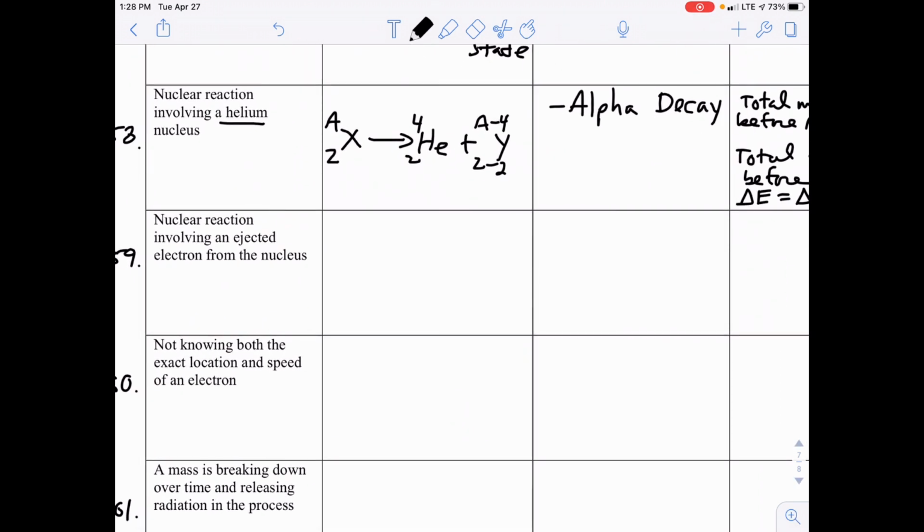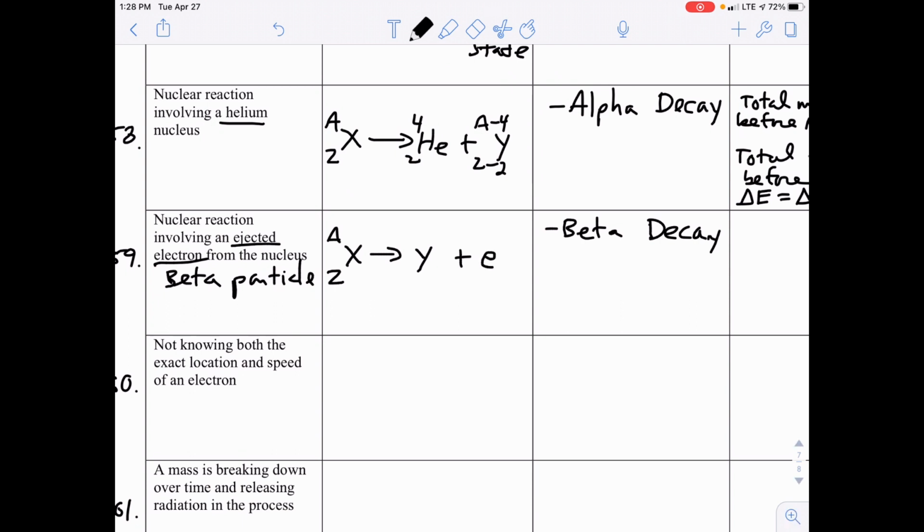So similarly, let's talk about a type of nuclear reaction in which an electron is ejected. Now, an electron is known as a beta particle. It's a fundamental particle, and this is known as beta decay. And so you have isotope X with atomic mass A and atomic number Z, and it decays into Y, and it ejects a beta particle.